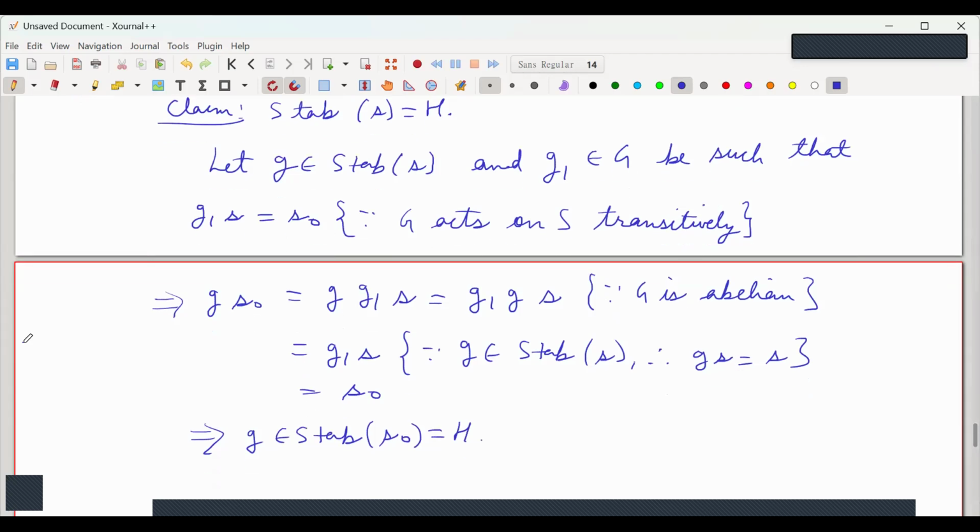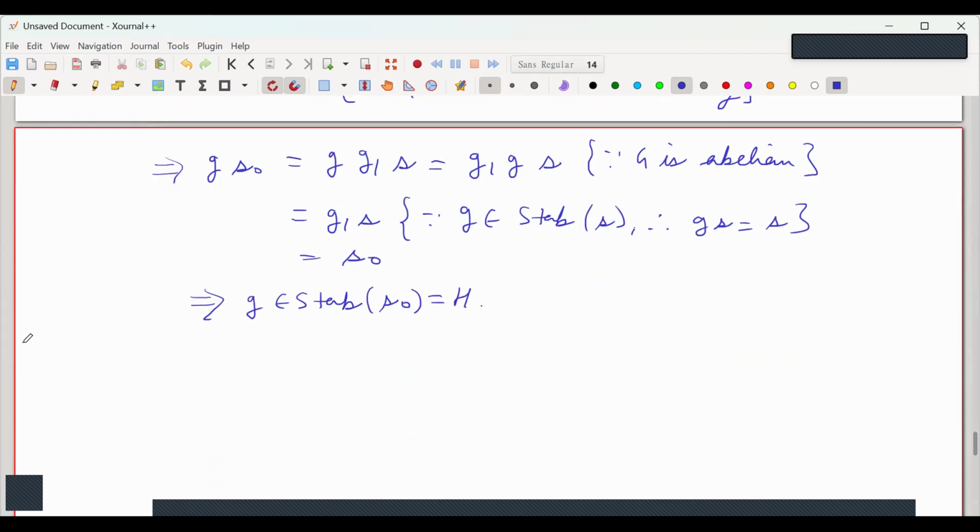What about the converse direction? So let g belong to the stabilizer of S naught, which is the same as H. Then we need to show that g also belongs to the stabilizer of s.